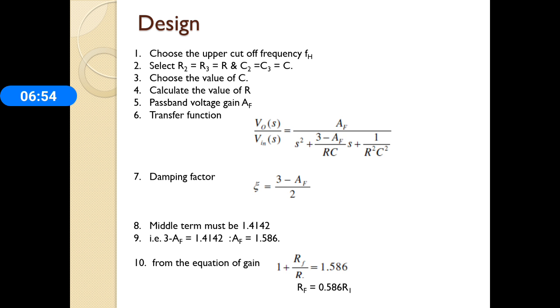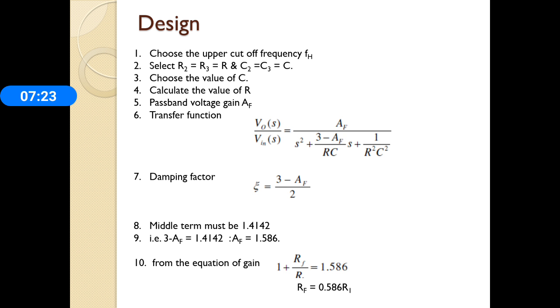After comparing it to the standard form of the second order transfer function, we separate the S square term, the second term, and the last term. Then after comparing this equation to the standard form, we get zeta, that is the damping factor, equals (3 minus AF) by 2.